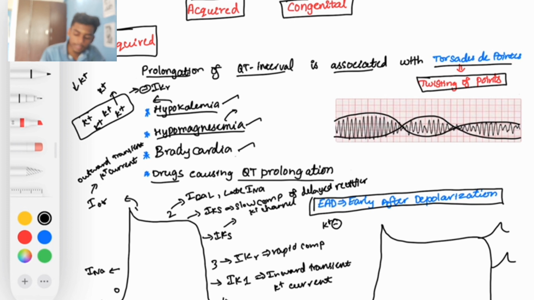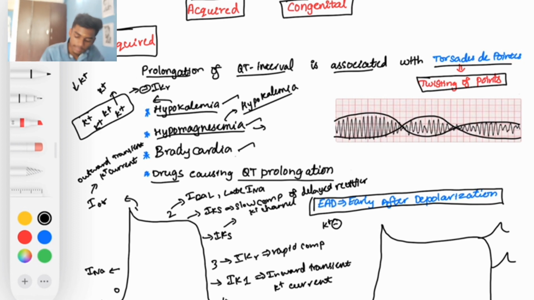Isolated hypomagnesemia is not seen separately. It is always associated with other electrolyte imbalance like hypokalemia. Hypomagnesemia causes QT interval prolongation, but till today there is no clear mechanism. Some studies say that hypomagnesemia causes hypokalemia, due to which there is action potential duration prolongation.